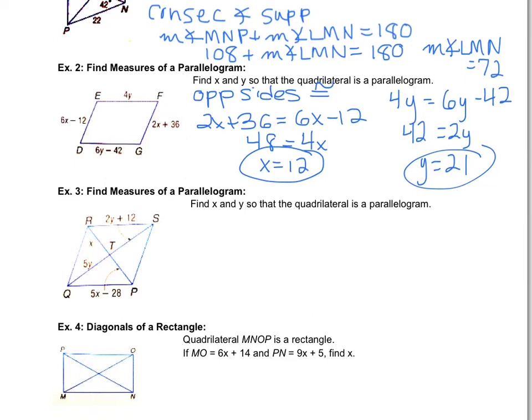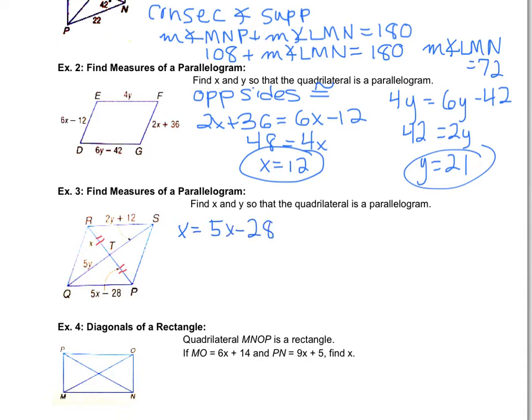The next thing we need to know about a parallelogram here in example 3 is remember that the diagonals here that have been drawn in, this RP and QS, remember they bisect each other. So the pieces that they cut into are equal. So I can add on to the diagram that RT is the same as TP, and therefore I can set up the equation x equals 5x minus 28.